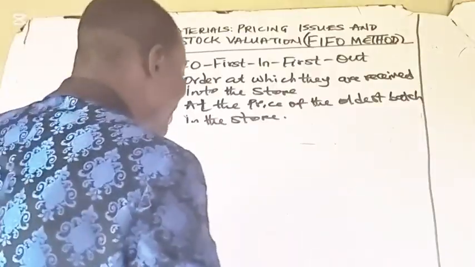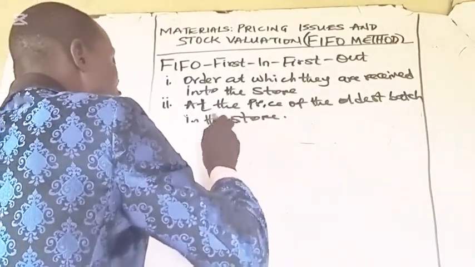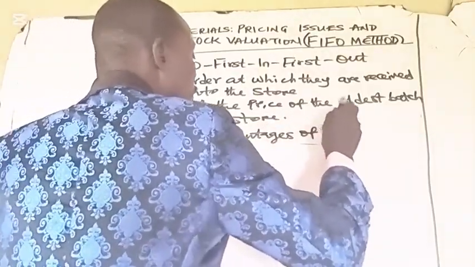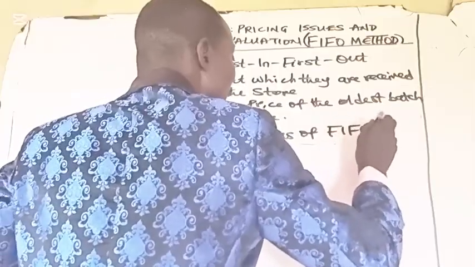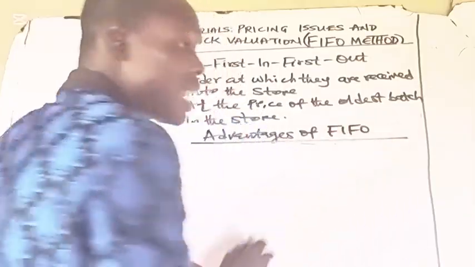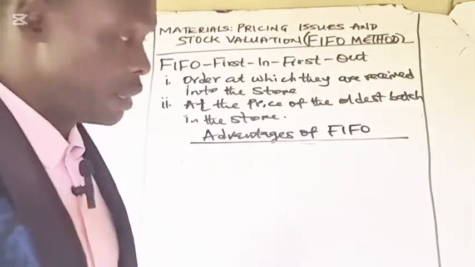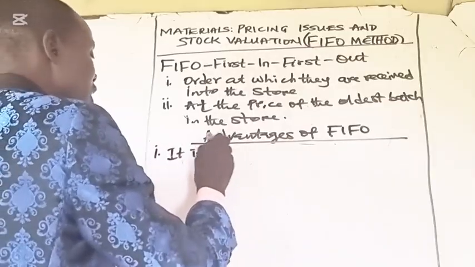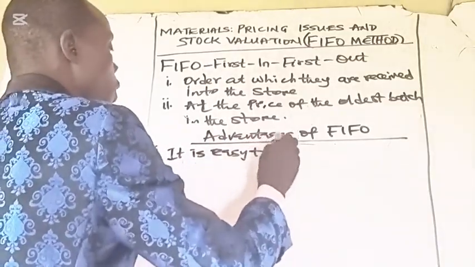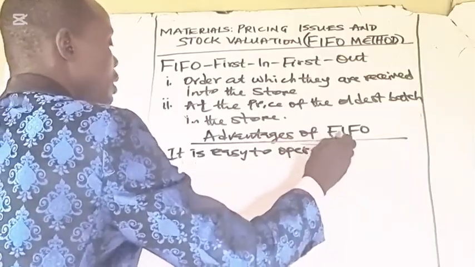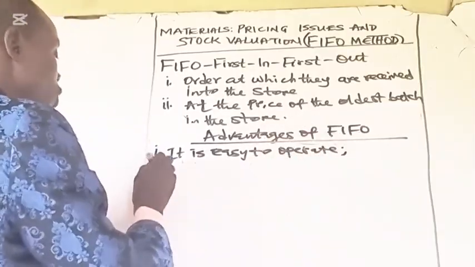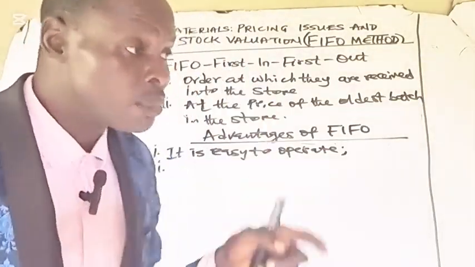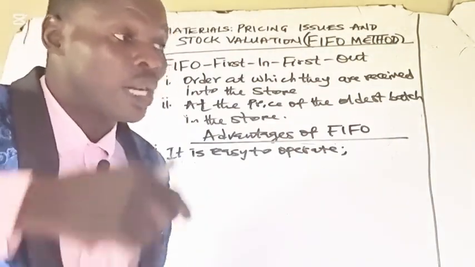What are the advantages of the FIFO method? Number one, it is easy to operate. Number two, it ensures that older materials are issued out first.